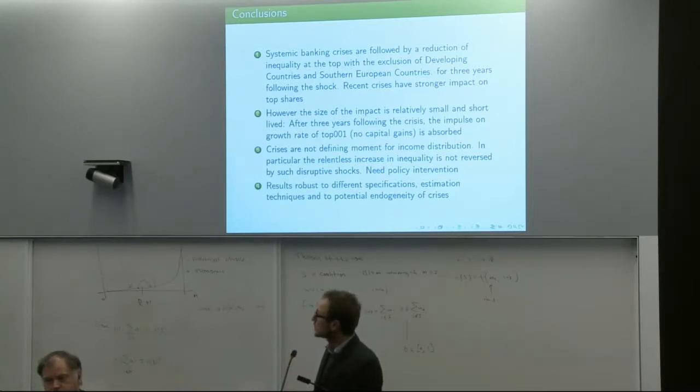And it seems to suggest that unless crises are coupled with strong intervention with fiscal policy, or as Anton Korinek was suggesting yesterday, through the intervention through regulation policies, crisis per se seems not to be able to stop the relentless increase in income concentration in countries. This is the punchline of the research. Thank you.